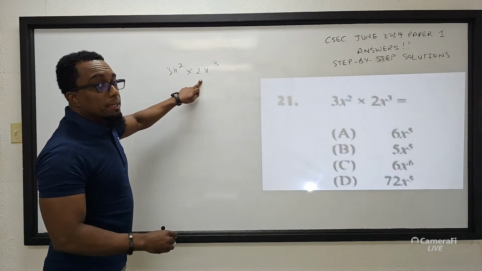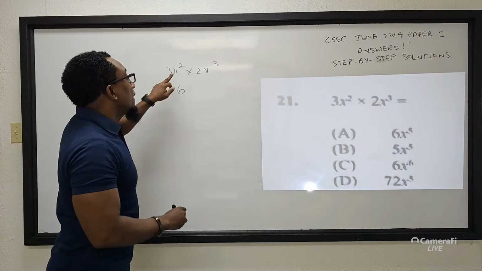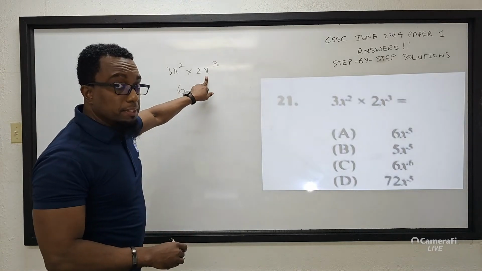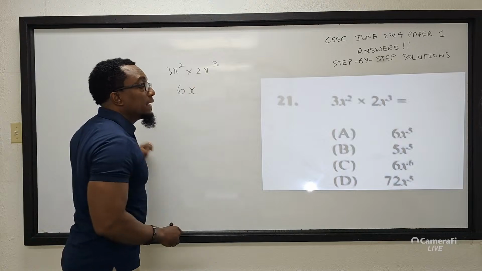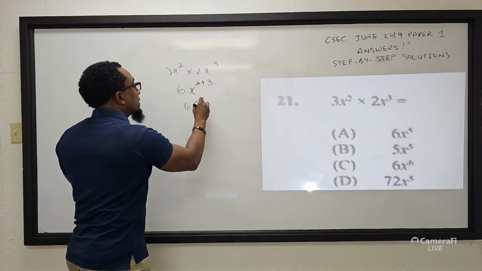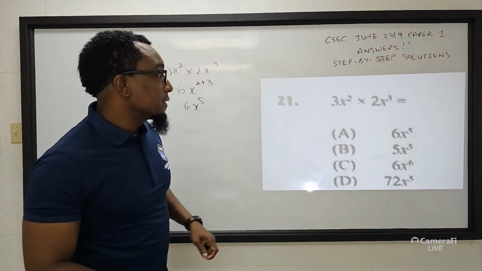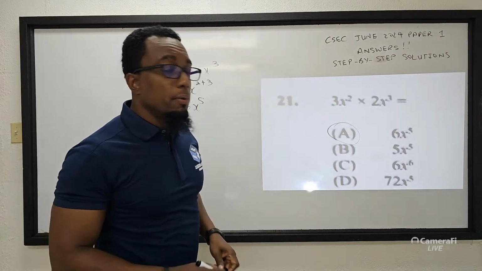This is, we can multiply the 2 coefficients, 3 by 2 to give us 6. And x squared by x cubed, from our law of multiplication of indices, we are going to maintain our base of variable x, but add the powers. So we're going to get 6x to the power 5, whose answer is E.